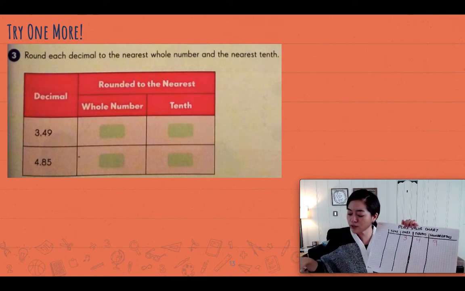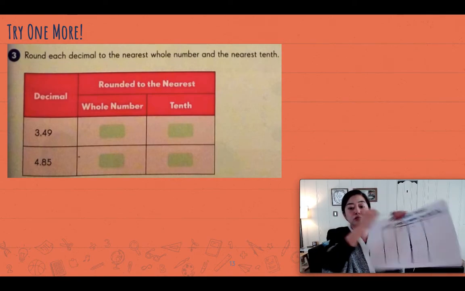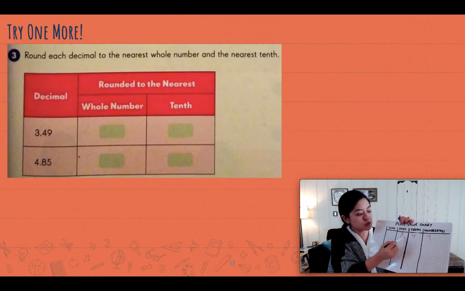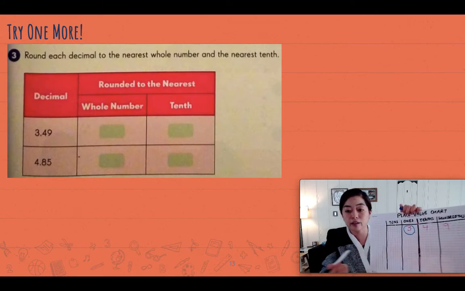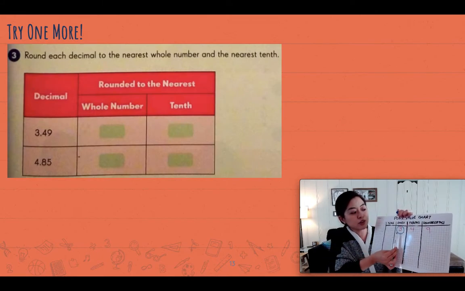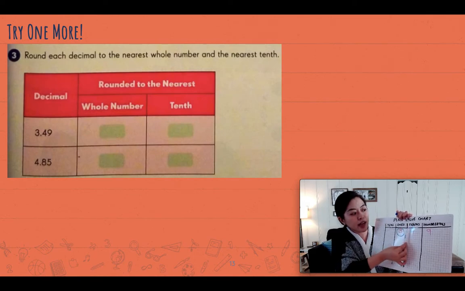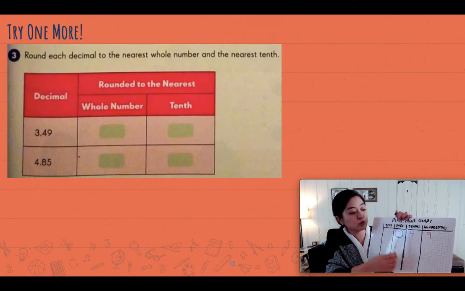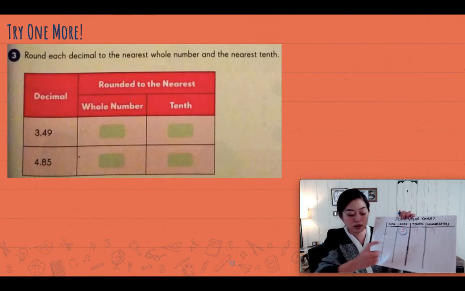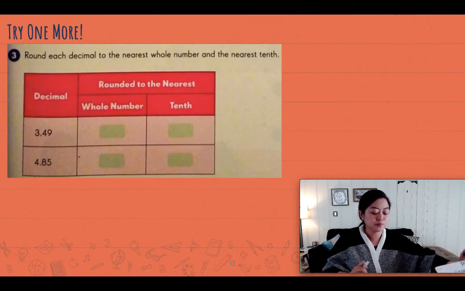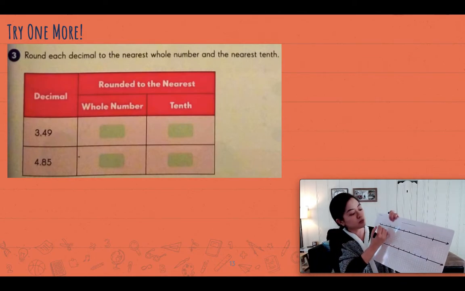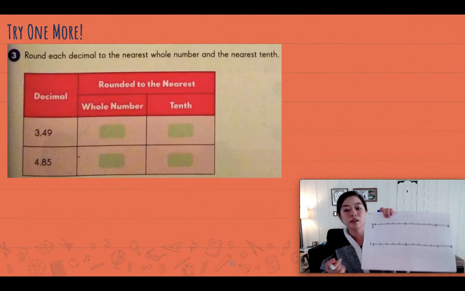To figure that out, look at the whole number that comes before the decimal point. It says 3, right? 3 and 49 hundredths. So it starts at 3. That's the whole number.